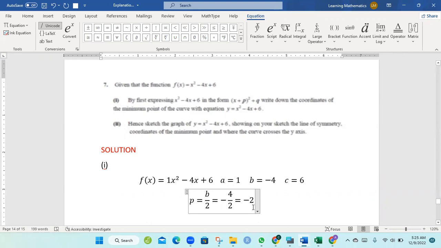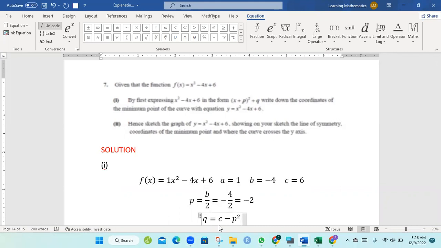Now we need the formula to find q. Whenever a is equal to 1, q is equal to c minus p squared.